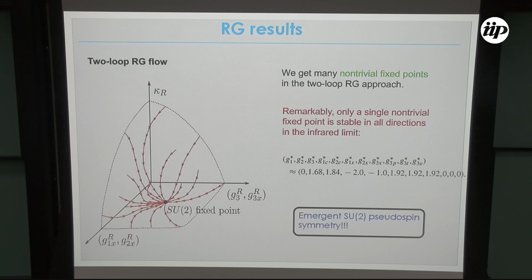So this is very interesting and provides a microscopic calculation and justification of why this SU(2) fixed point should control the physics in the low energy regime. So here I show you schematically the flow towards the SU(2) fixed point in the model.